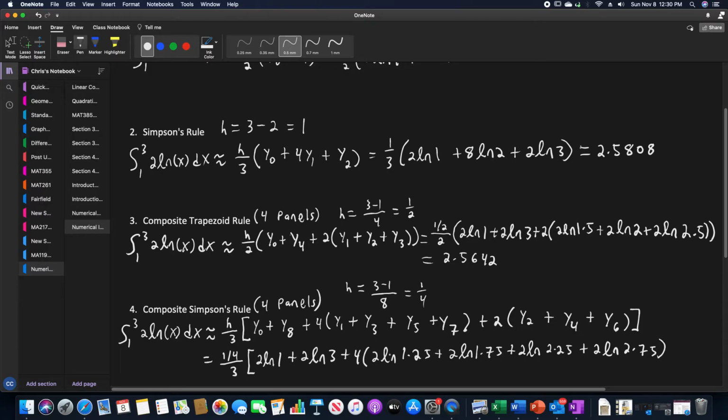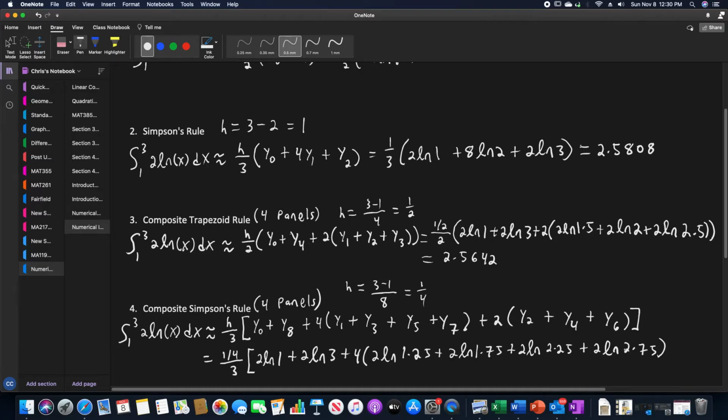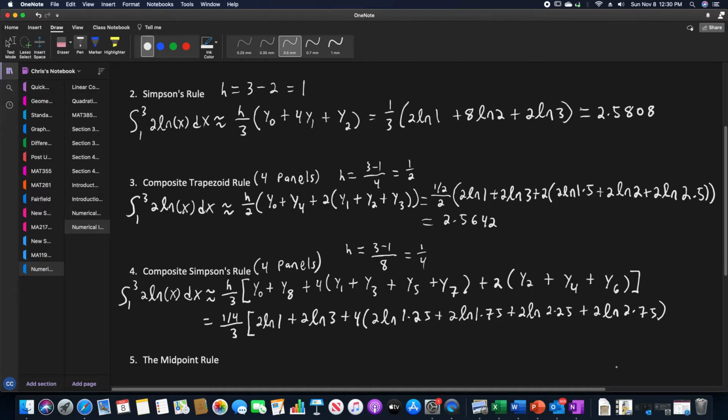So that's where all of our additional sections are from using the panels.